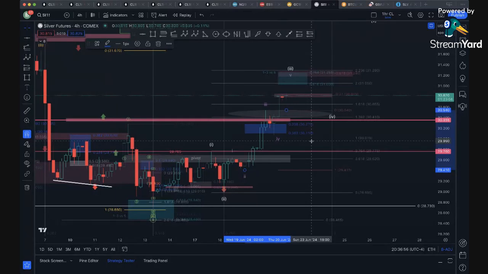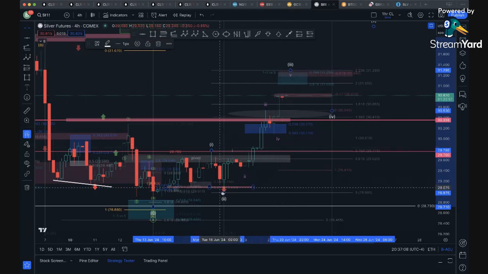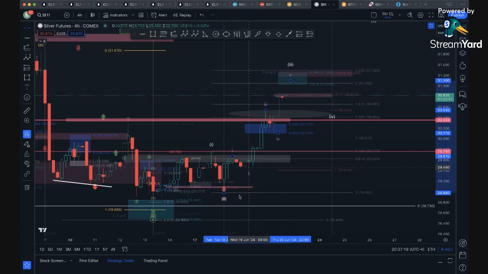All right, now initially I was thinking this was the top of this white wave 3. And this was a shallow pullback, meaning in my view, of this degree, I'm looking for a wave 4 to go more like 382 to 50%. And with where this was originally coming to, let me show you what I mean.